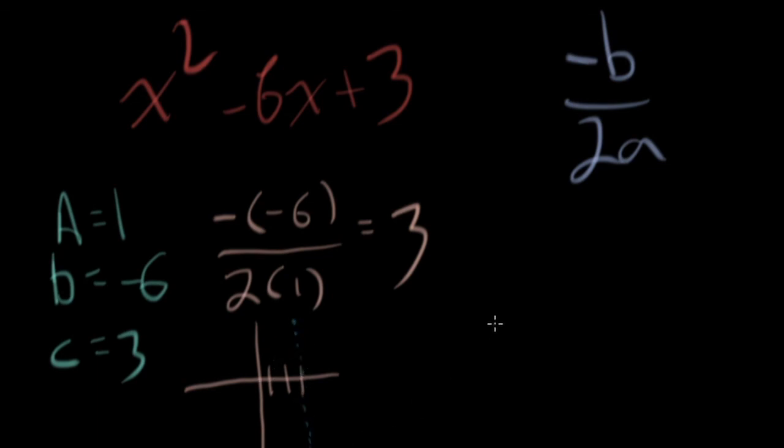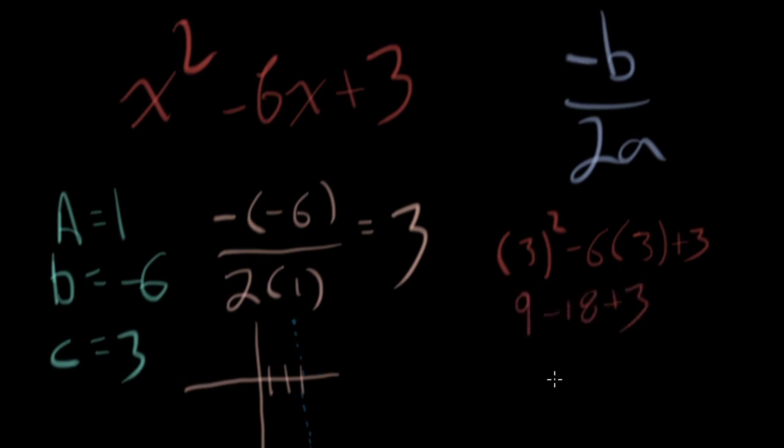It's going to be opening up, but we want to find what our y is going to be. So I'm going to plug in the 3 here, plus 3. So I'll get 9 minus 18 plus 3. So what's that? -9 plus 3.